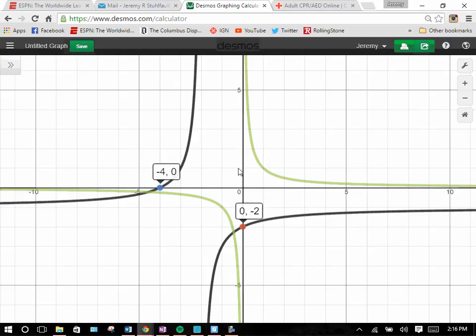Now, after it reflects, does this graph move left or right? Left. So how far did it move left? 2 units. Everyone see that?